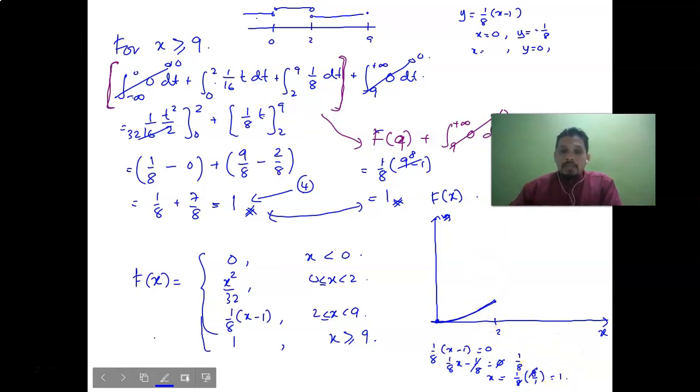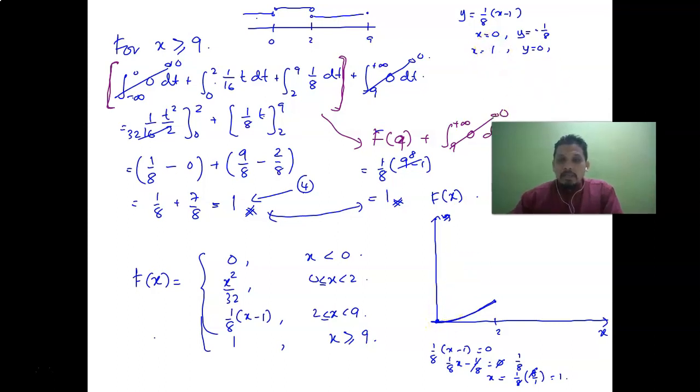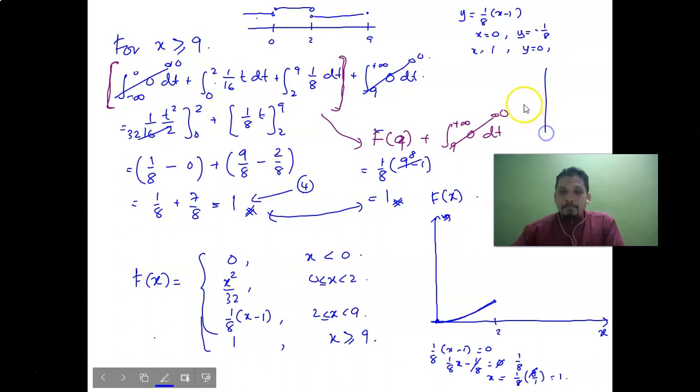Okay, so the graph of this: 0, negative 1 over 8, somewhere around here. Okay, and y equal to 0, x equal to 1. Okay, so this is the graph for this function.